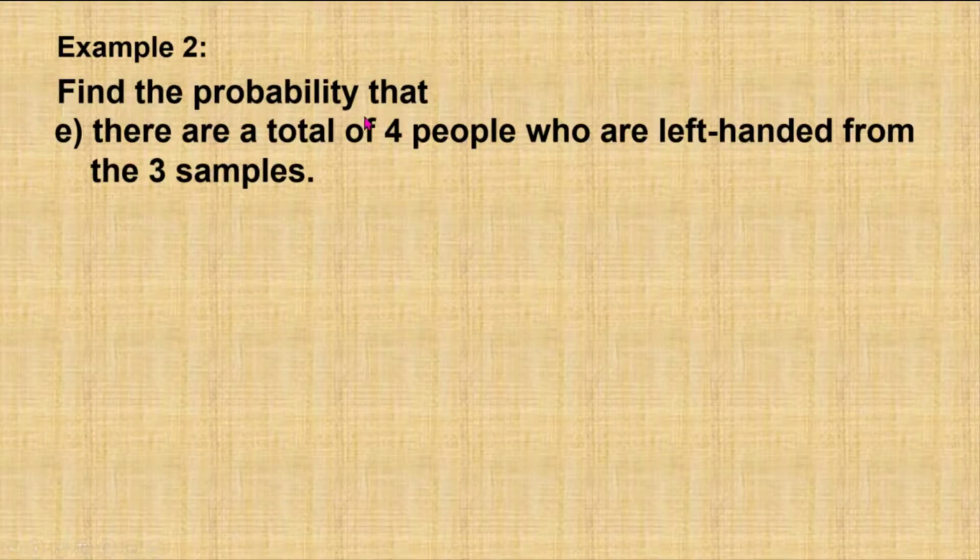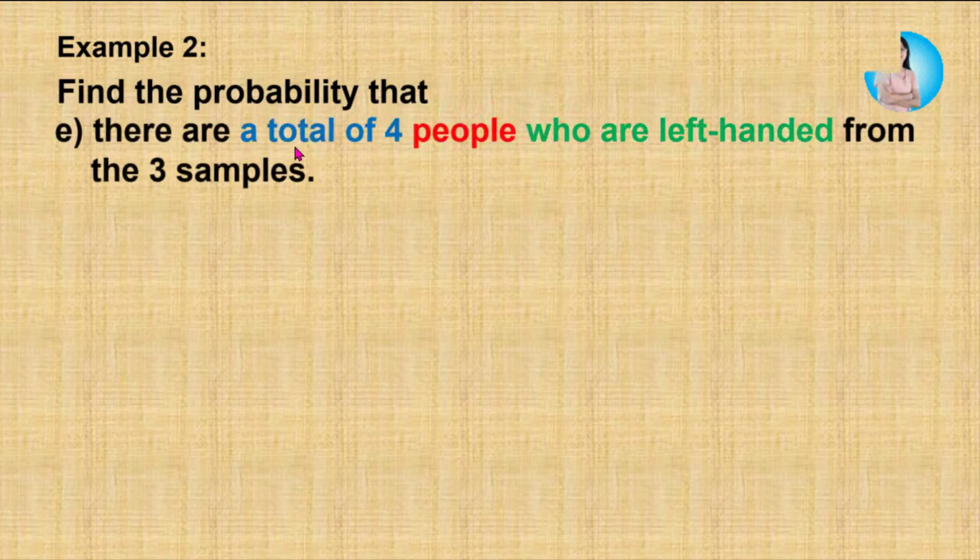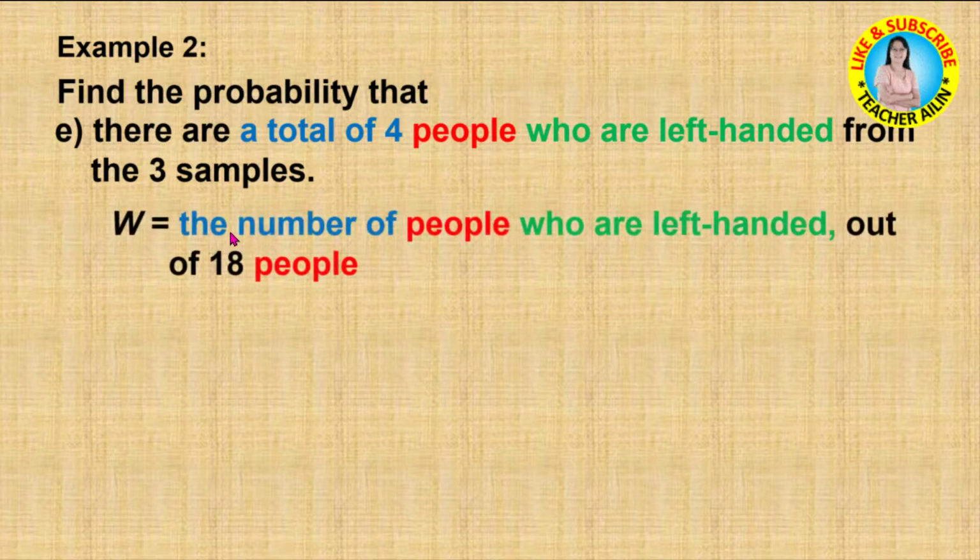Find the probability that there are a total of 4 people who are left-handed from the 3 samples. The total of 4 people can be defined as the number of people, where the observation is people.